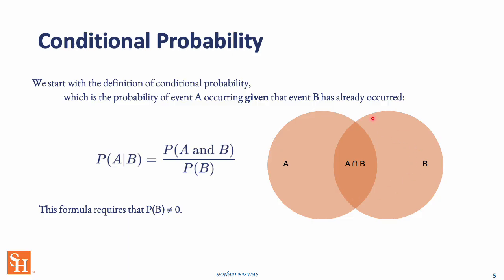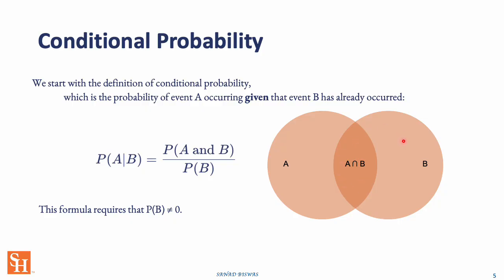Here the right circle is the event B, so any area inside this right circle indicates that B has happened. Now if we already know that B has happened, what is the probability that A has happened? If you notice, if B happened and it happens in this area, only in that case can A also happen, right?